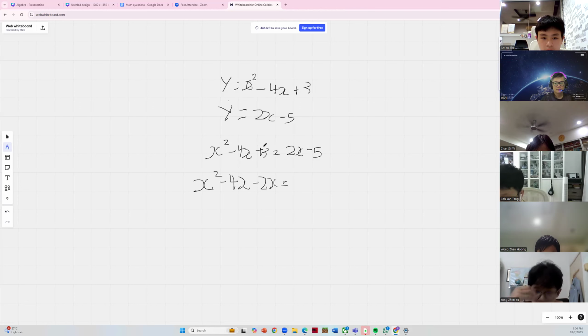And we can take the plus 3 to the other side. So it will become, never mind, wait. We take the minus 5 and move it here also. So it will become plus 5 equals 0.